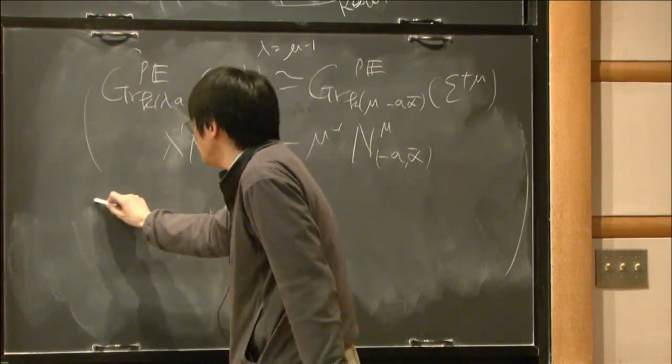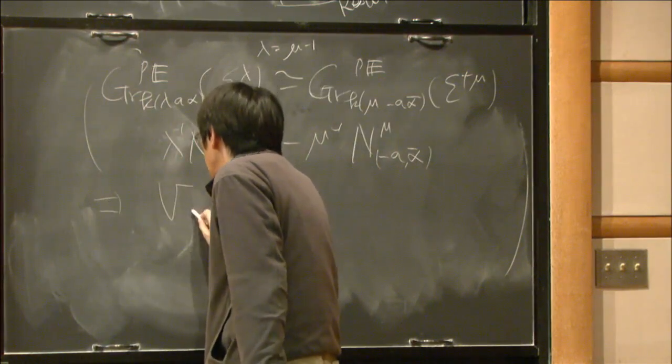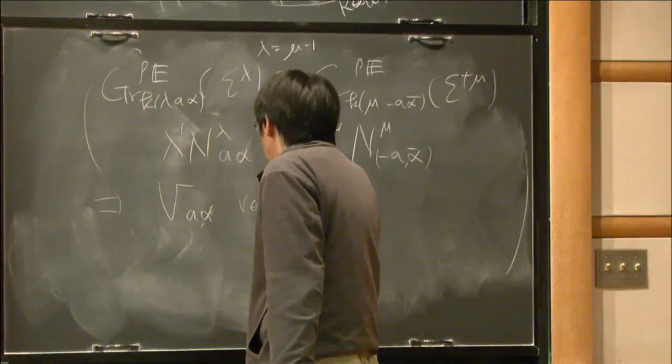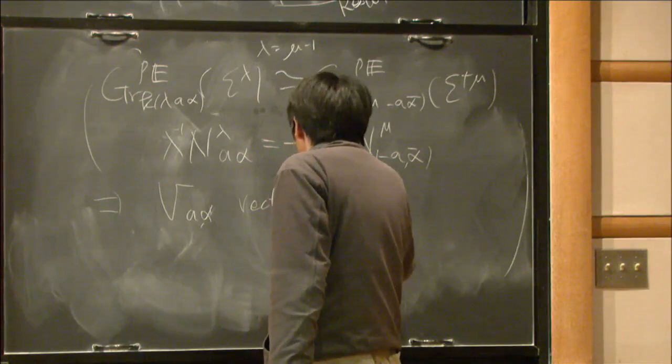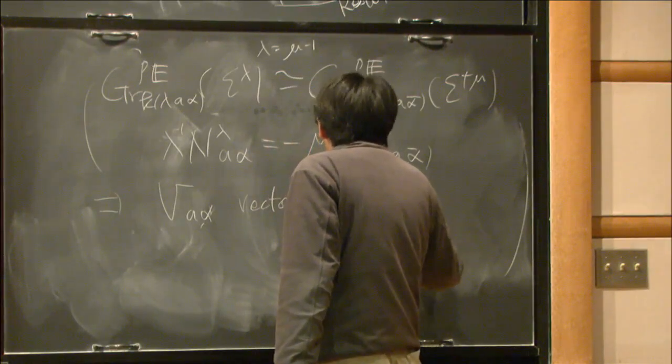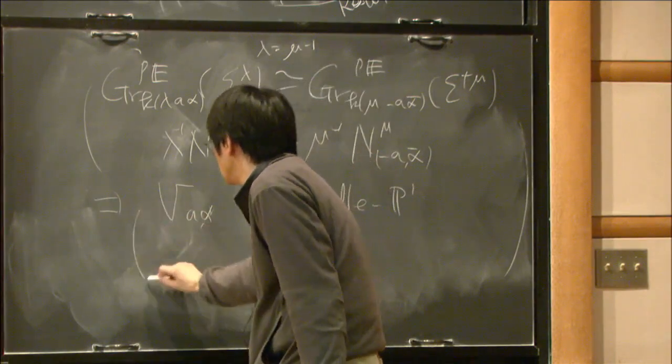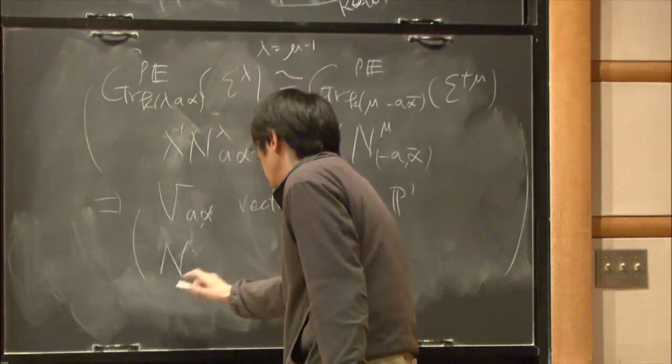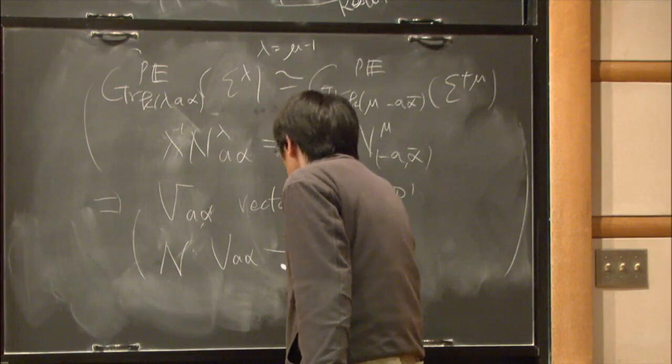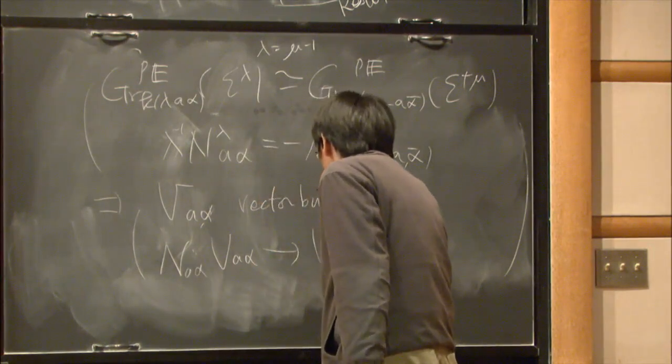So by gluing, we obtain some vector bundles on P1, and a morphism from here to here.